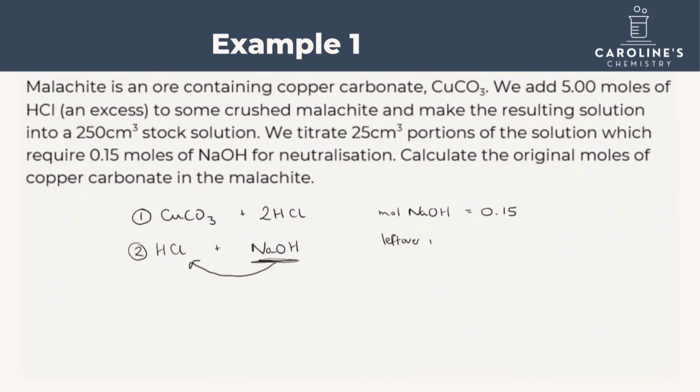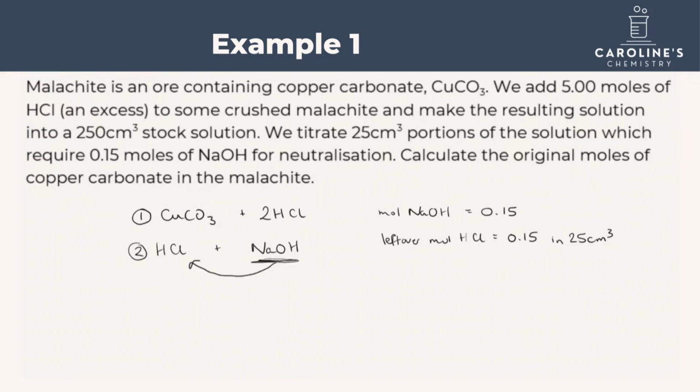So leftover moles of HCl is 0.15, also because it's a 1-to-1 ratio. Now don't forget a crucial question at this point, in what volume? We're told that 25 centimetre cube portions of the solutions was titrated. So that is 0.15 moles in 25 centimetres cubed.